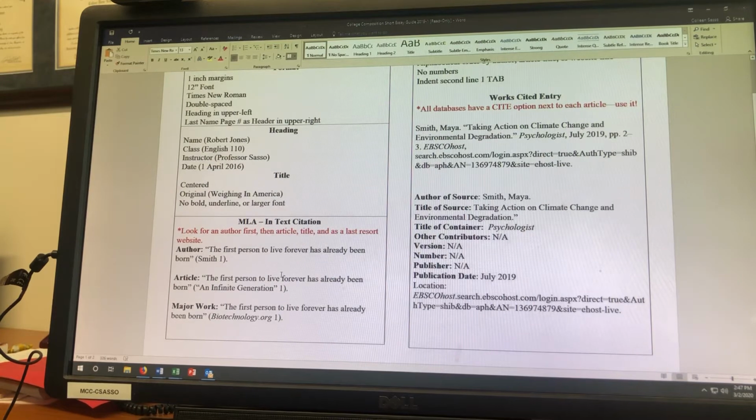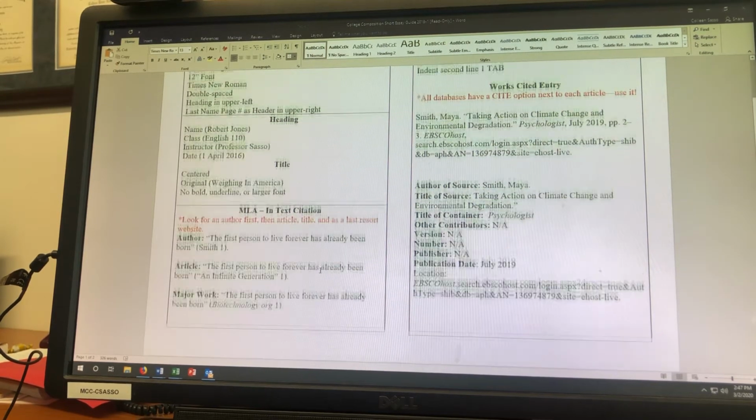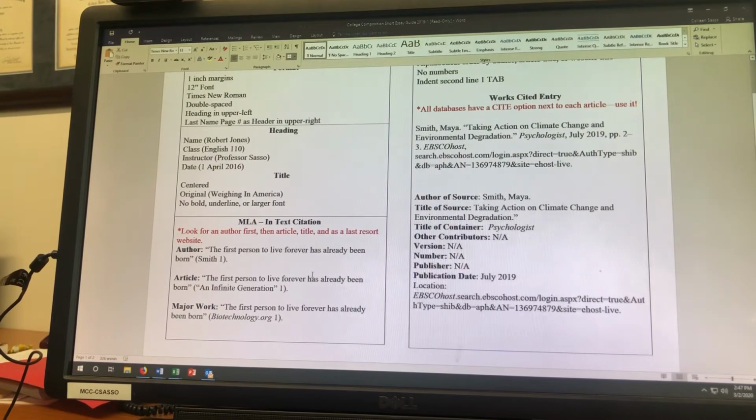And that's a big thing with both MLA and APA. They don't want you getting sort of funky with font, with bolding, with color. Every paper should look very much the same, and the reason they do that is because the content of your paper is the most important. So if I'm reading through a batch of essays, and some of them are in blue ink, some of them the font is large, some of them the font is small, it detracts from the content.